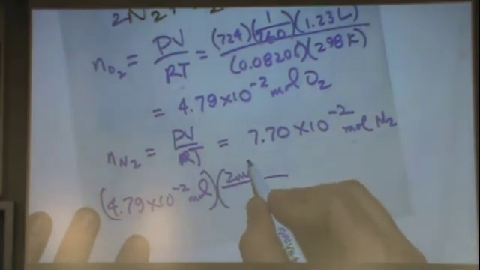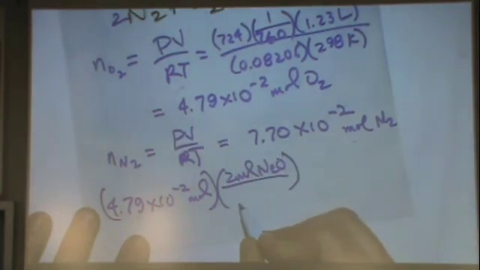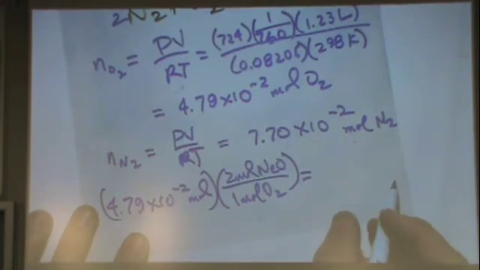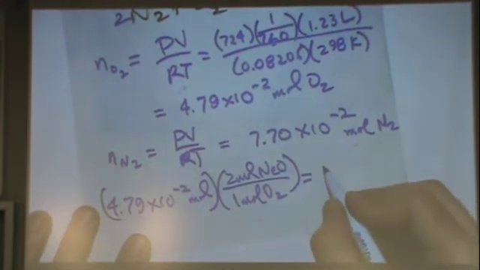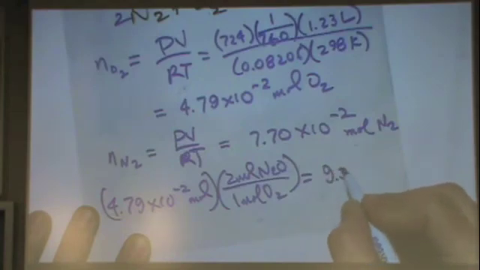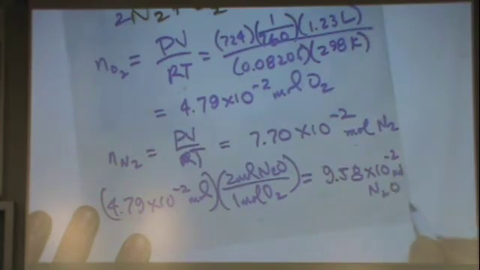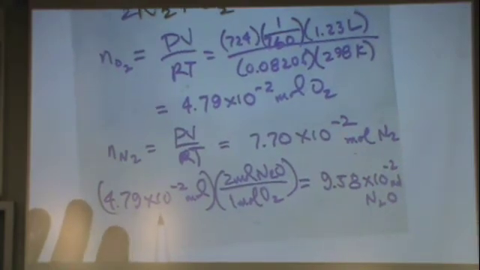There's 2 moles of N2O for every 1 mole of O2. That's 9.58 times 10 to the minus 2 moles of N2O. You would do the same, but starting with the nitrogen number as well, and you see which answer is smaller. Is that okay? Okay, cool.